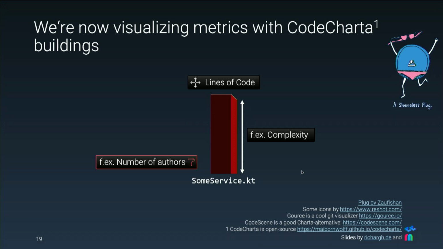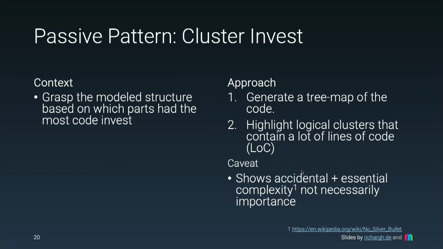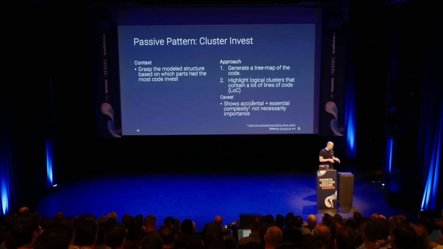And you can give the color to something. You can say, oh, make it red if it only has 1 author. Or the other way around, make it red if it has 20 authors. And with that, we get to a new pattern, which we call cluster invest. And that helps you see where most code was invested.